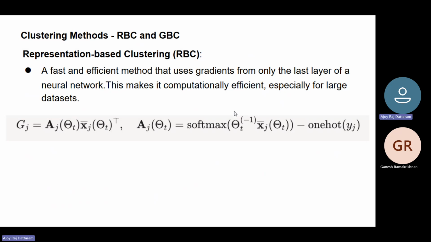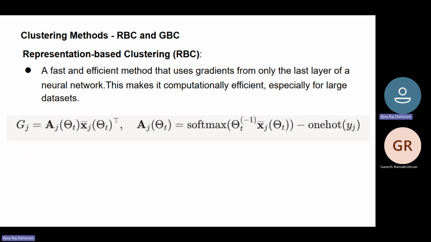Here, gj is the gradient vector of sample j, which represents the influence on the model learning and is used for clustering in RVC.